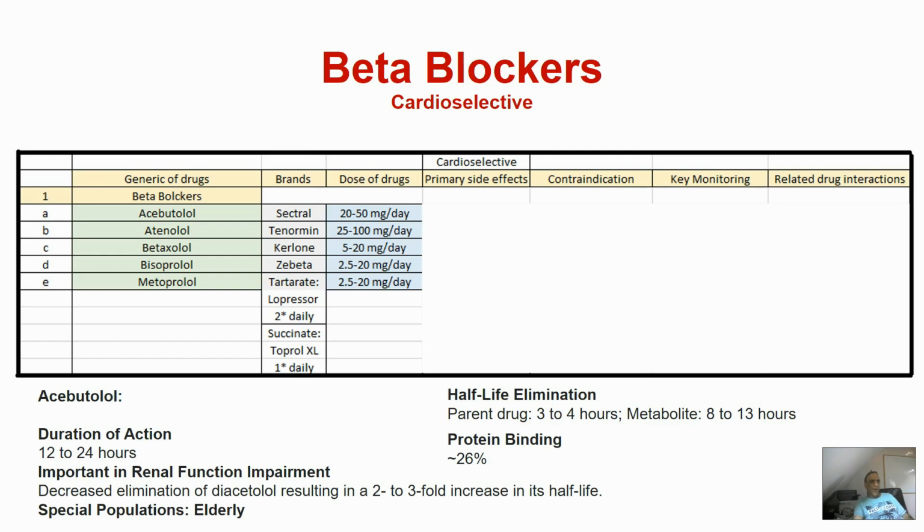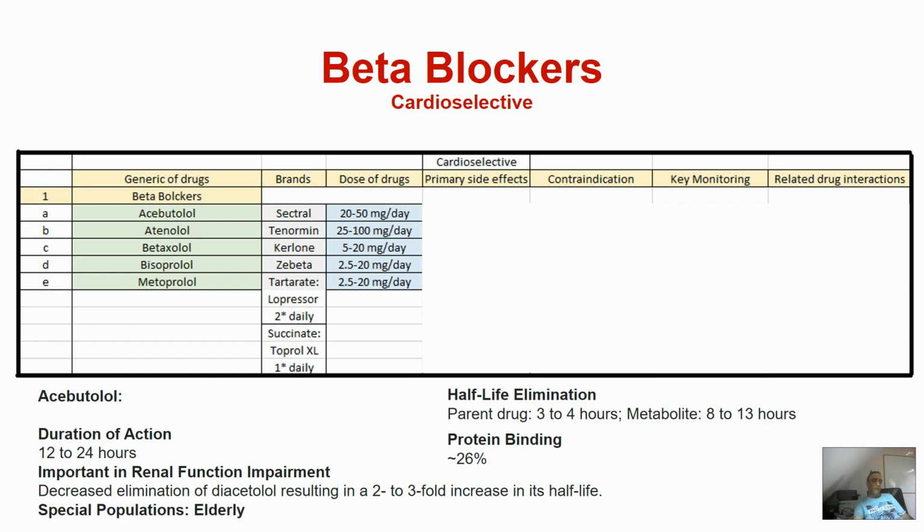The protein binding is lower, and the drug is eliminated by the kidney. The half-life of elimination for the parent drug Acebutolol is around 3 to 4 hours, and for the metabolites it is around 8 to 13 hours. The duration of action is long because the half-life of elimination of the metabolite is very slow.